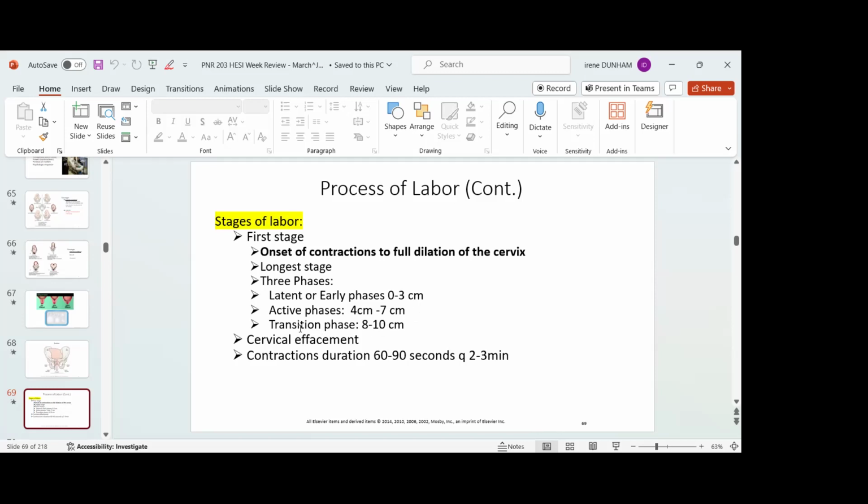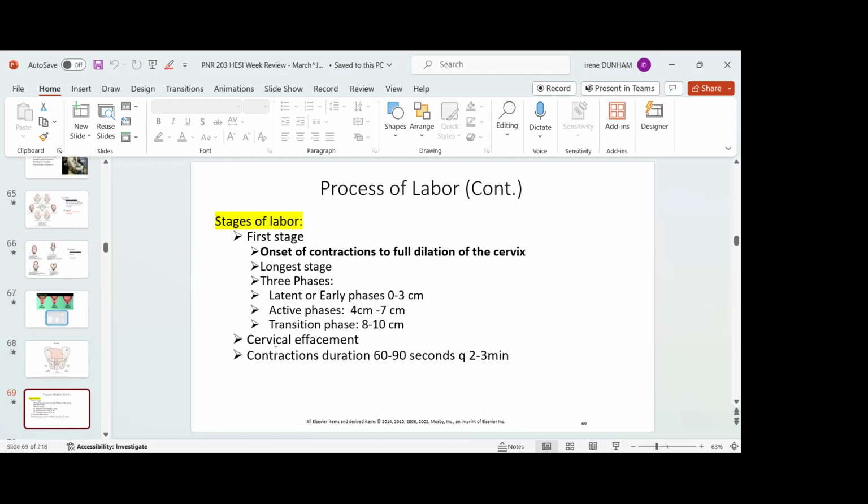Okay. Now, the transition phase is from 8 to 10. This is where the contractions are usually about every 2 to 3 minutes, lasting at least 60 to 90 seconds in duration. Okay, and they're strong. Now, in the transition phase, they're going to feel a lot of pressure, and you don't want her to be pushing before she's completely dilated, because when she pushes before she's completely dilated, she can make that cervix more edematous.